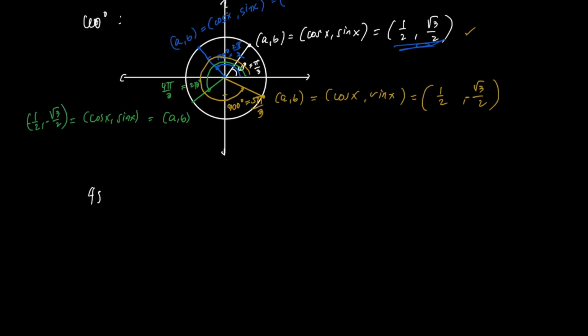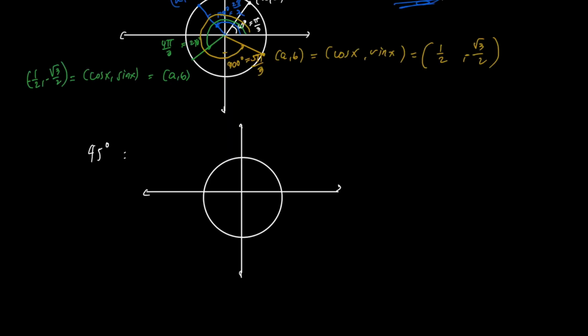Next is for 45 degrees. For the 45 degrees, we have these angles. This is 45 or pi over 4. This is another 45. That's 3 pi over 4.